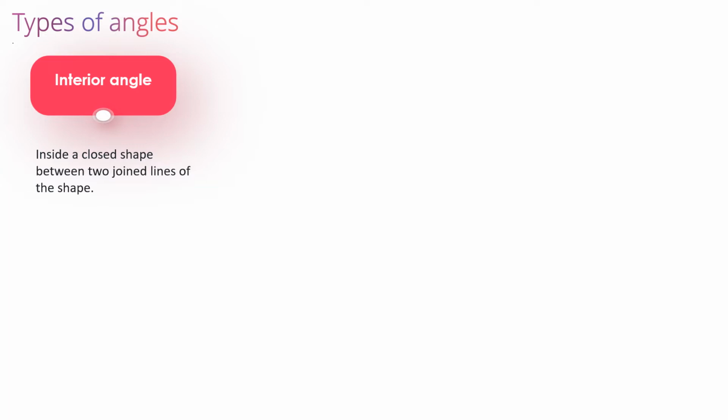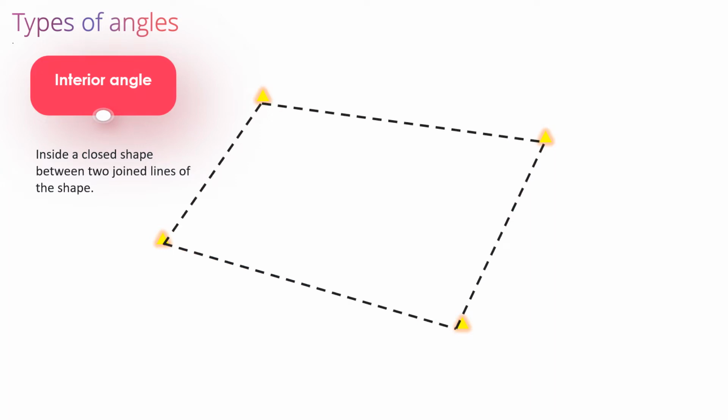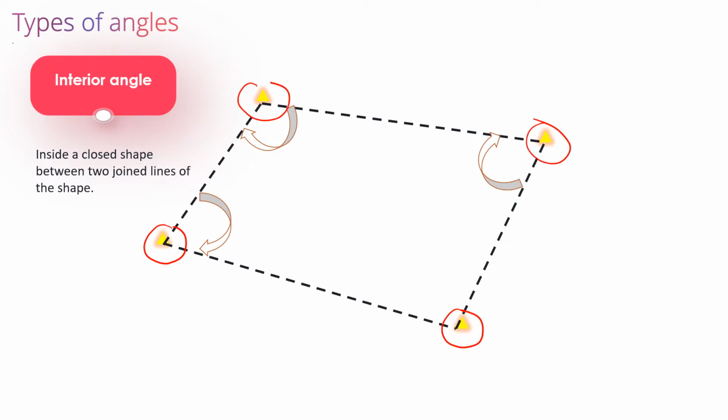The next category of angle is the interior angle, and interior angles are those angles that lie inside a closed shape between two joined lines of the shape. Let's say we have these control points in surveying, and if we join all the points, then we get a closed polygon. All the angles that lie inside the polygon at each of these vertices are called interior angles.